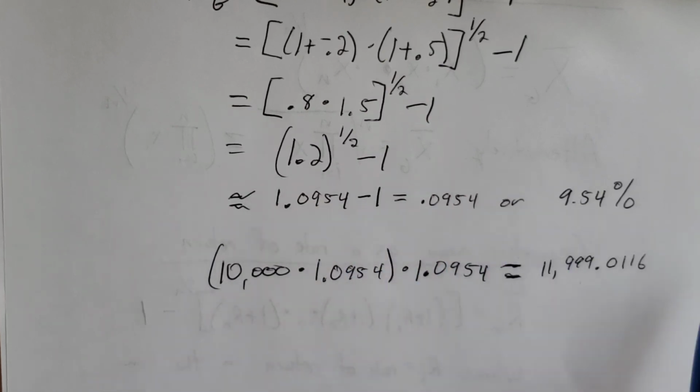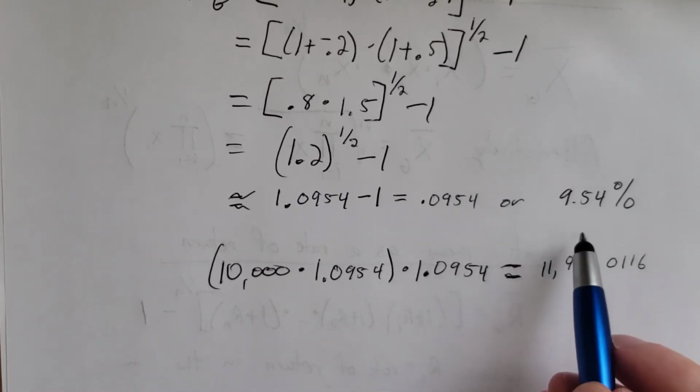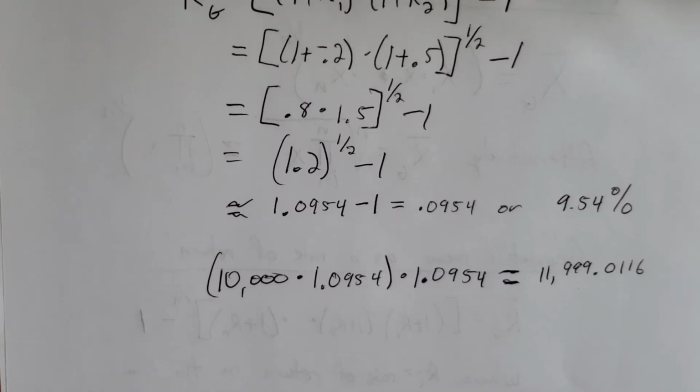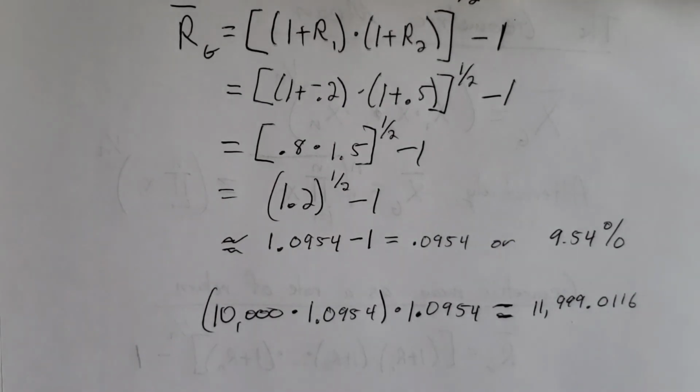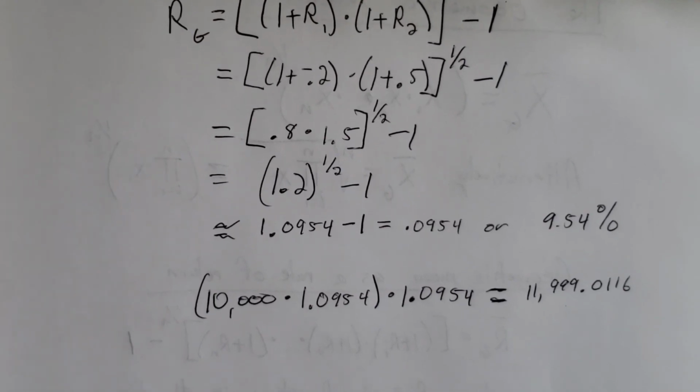And in fact, if we go far enough, it will be practically 12,000. So, again, this is what our calculation does. It tells us our average, essentially, rate of return, or in other words, our geometric mean rate of return. And that will end this video.